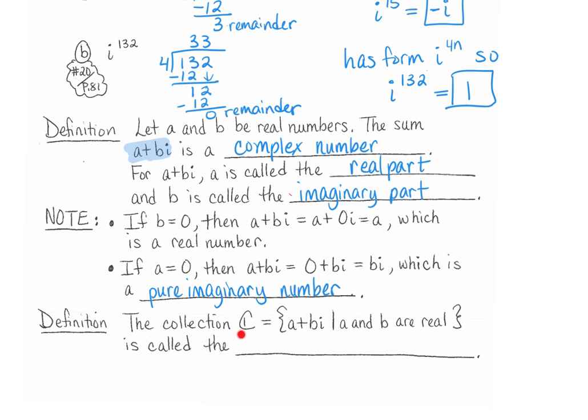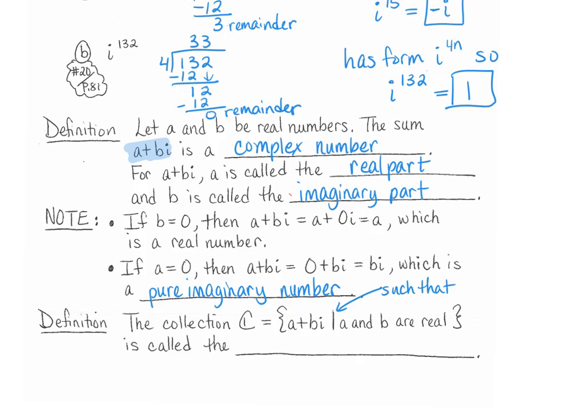The collection, this is like a bold-faced C on paper. This is equal to, we talked about set notation before, so let me read it again. The collection C equals the set of all complex numbers, a plus bi. Remember what the bar means? Not absolute value. In set notation, this means such that. a and b are real.